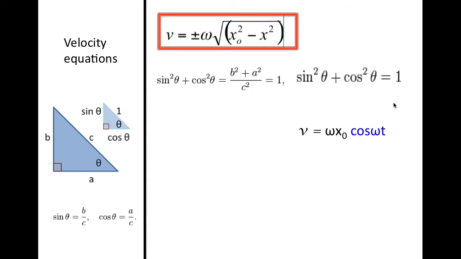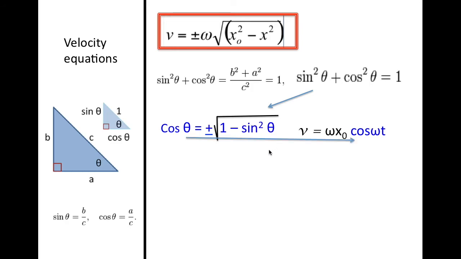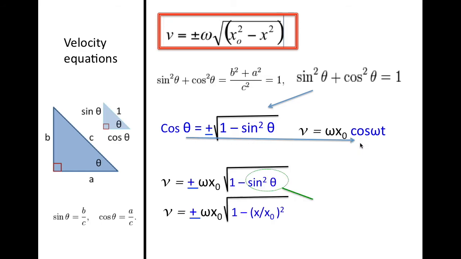Using this equation here, we can substitute cosine into the velocity equation down here. So let's solve for cosine, and that gives us cosine theta equaling plus or minus the square root of 1 minus sine squared theta. Next, we substitute that into the velocity equation, and we get velocity equaling plus or minus omega x sub 0 times the square root of 1 minus sine squared theta.